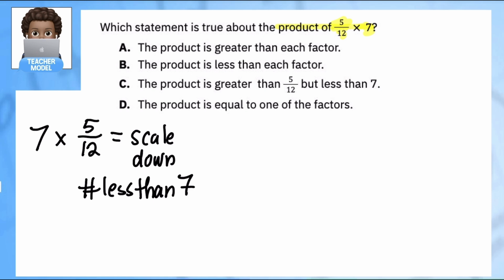So again, if you just multiply it out, you'd get 35 over 12, which simplifies. How many 12s can go into 35? 2, with a remainder of 11 out of 12. So yes, it is less than 7.